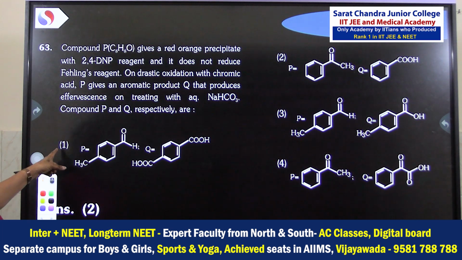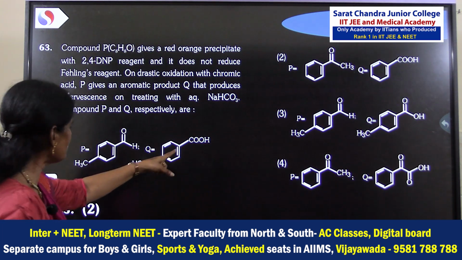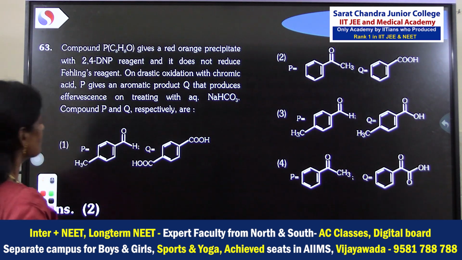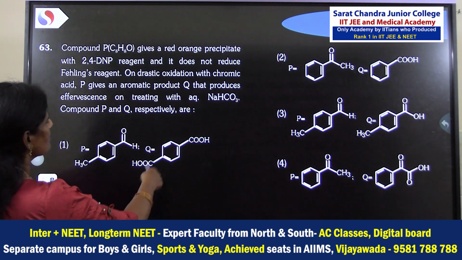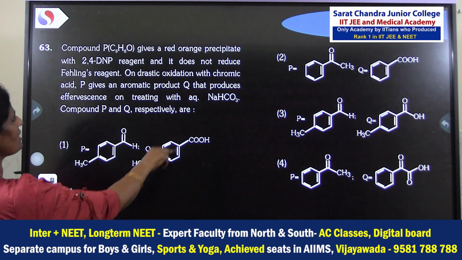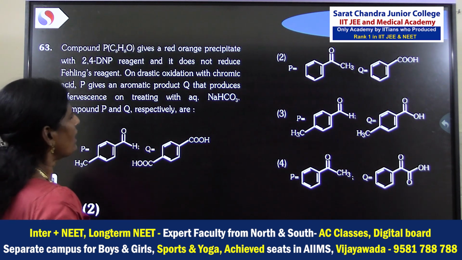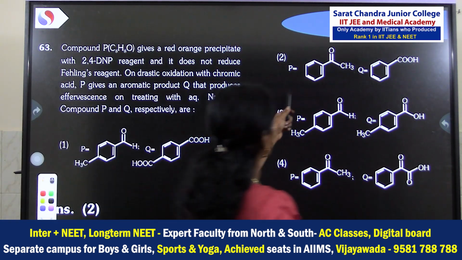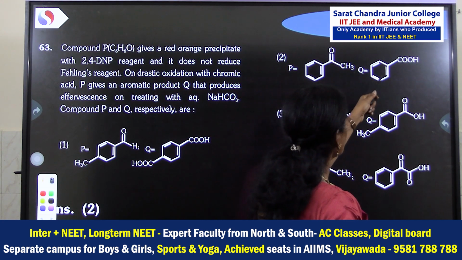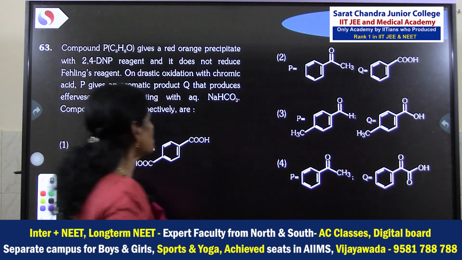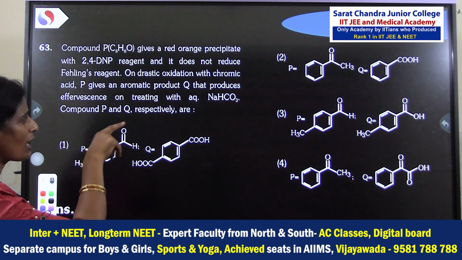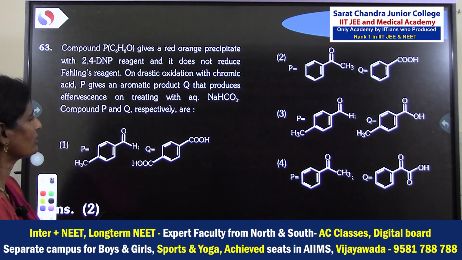In the first option, the organic acid is a dicarboxylic acid, terephthalic acid. The COOH group is able to produce carbon dioxide with sodium bicarbonate, and in the second option also, benzoic acid is able to produce effervescence with sodium bicarbonate.